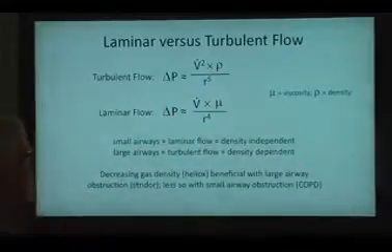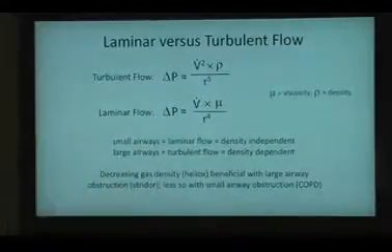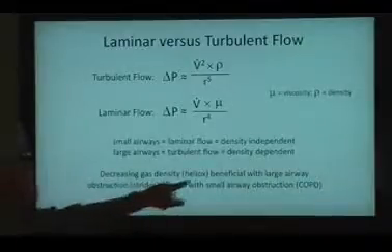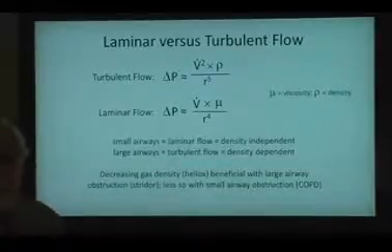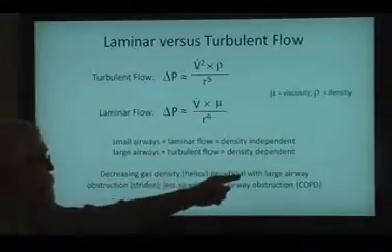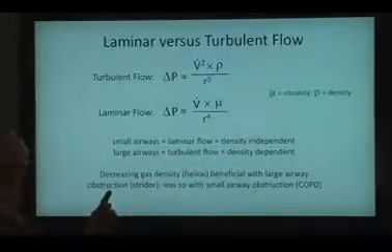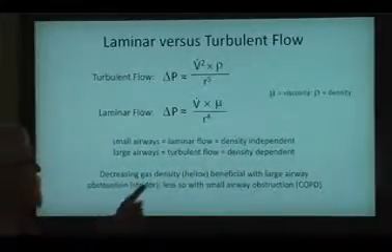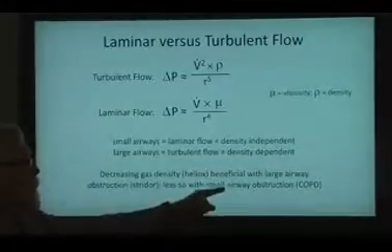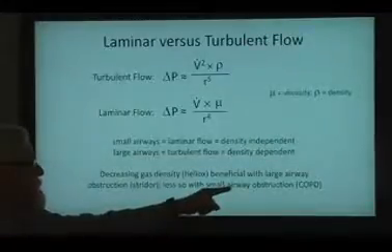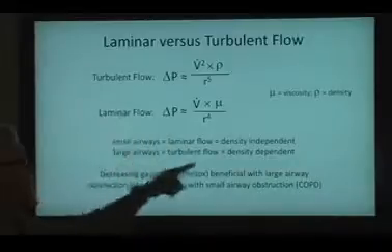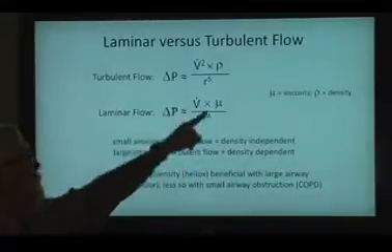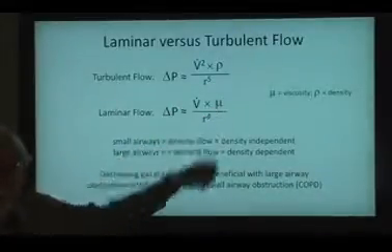So if we think about changing gas density, decreasing gas density, such as heliox, this will be potentially beneficial for large airway obstruction, like stridor, but will not be so helpful for small airways disease, like COPD, because with small airways, gas flow is laminar and density is not in the equation.